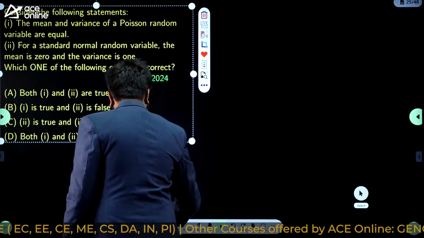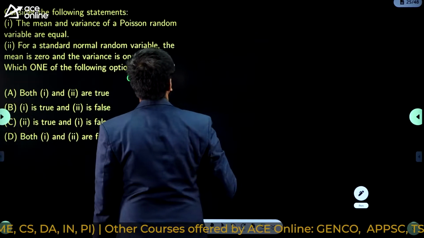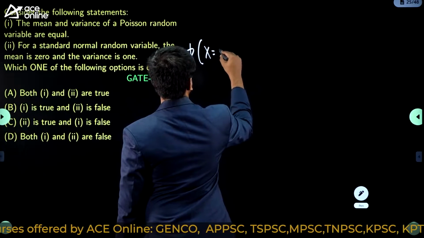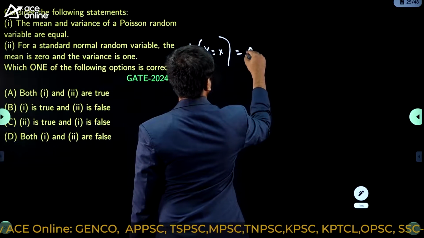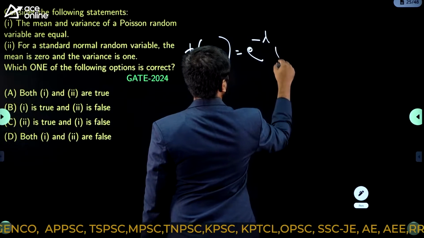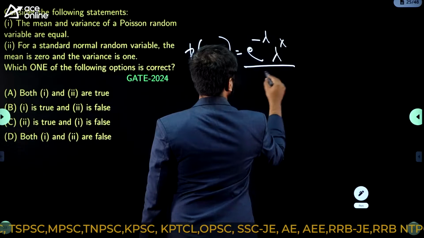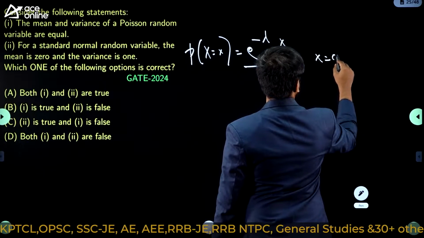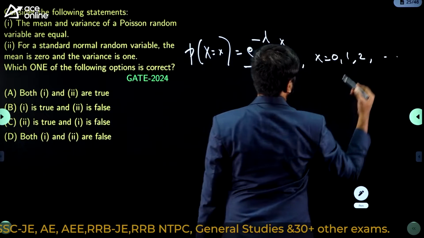If you look at Poisson random variable, what is the probability mass function? The probability mass function is something like this. It is e power minus lambda, lambda power x by x factorial, where x takes values like 0, 1, 2 and so on.